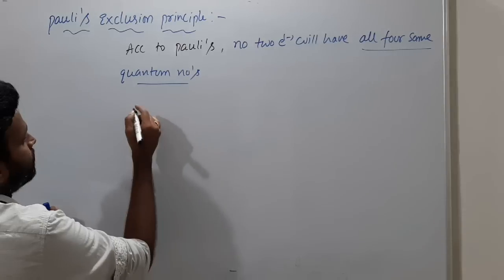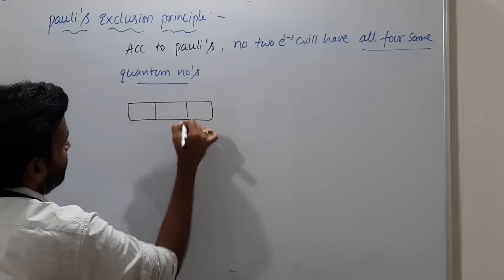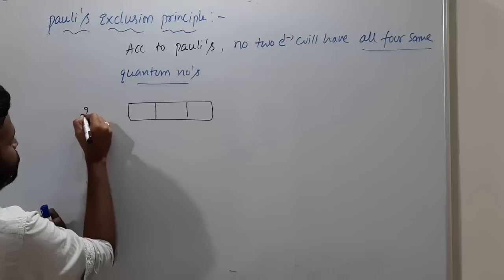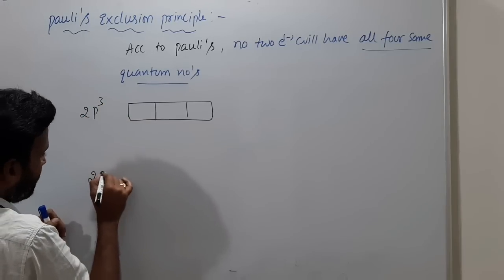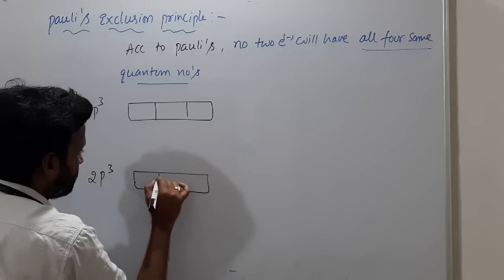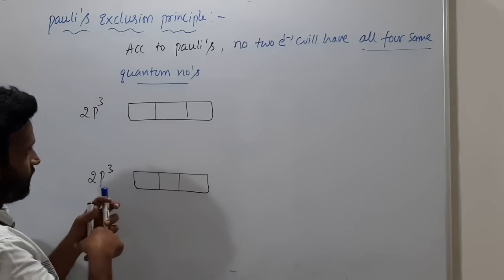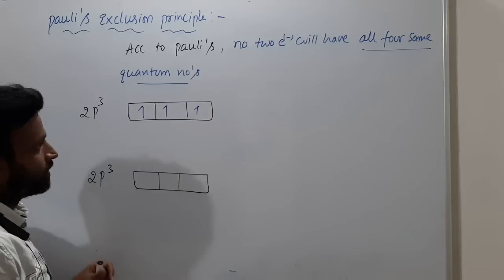For example, suppose I take like this, and these belong to some 2p subshell, 2p3, and here I am writing this 2p3. So here, if you see, there is a difference. See, 3 electrons are like this, 3 like this.